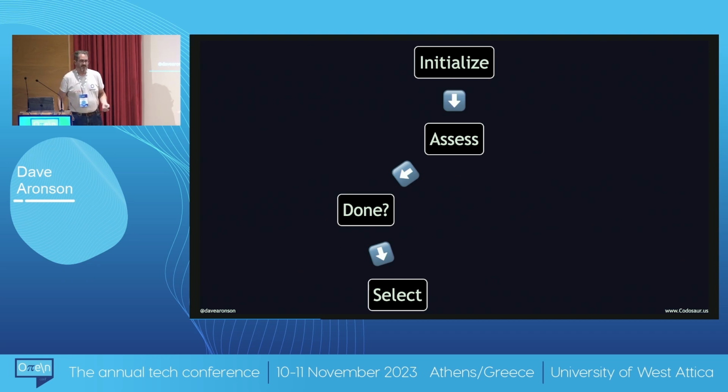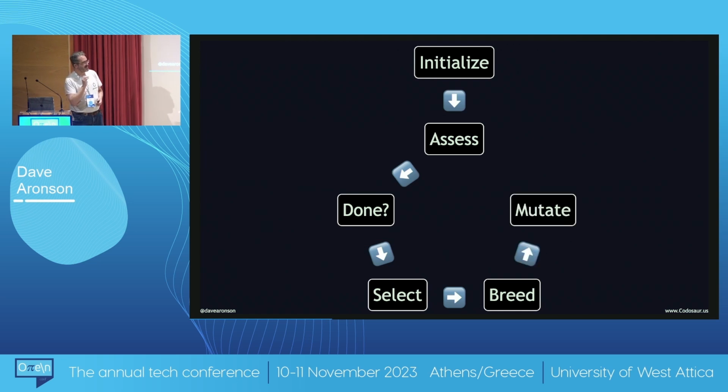And after that, we, of course, use those candidates to actually breed the next population of candidates. And next is an unusual step, which is to mutate them for more diversity in the gene pool. And finally, we go back to step number 2, which is to assess how fit this new population of candidates is, each one.